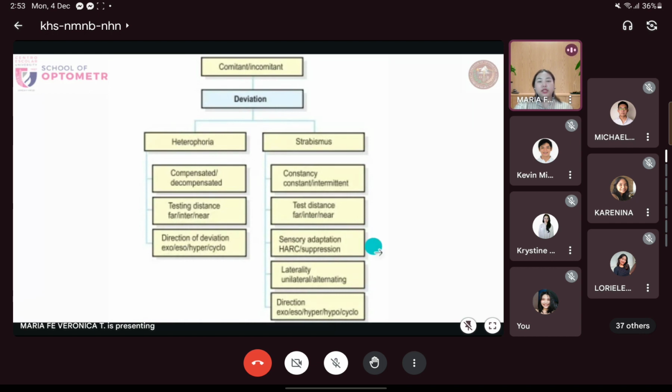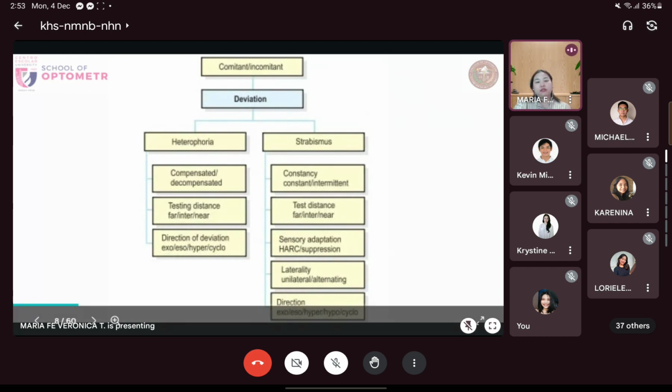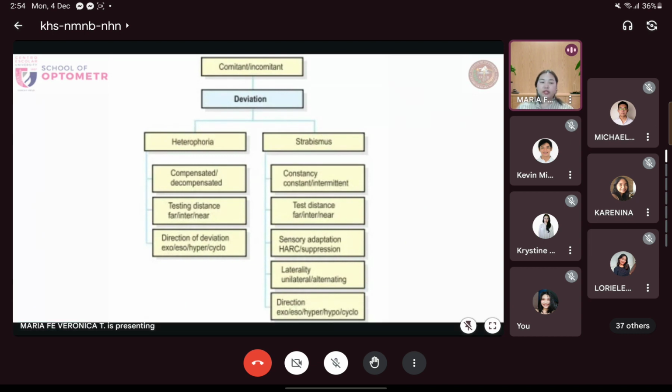Then it can also be based on its laterality. If it's unilateral, one eye lang ba yung nagde-deviate, or is it alternating? And last, it can also be based on its direction, if it's exo, iso, hyper, hypo, and cyclo.